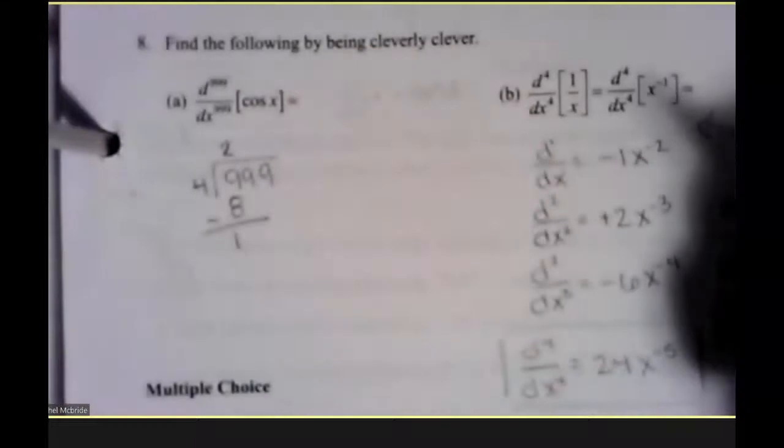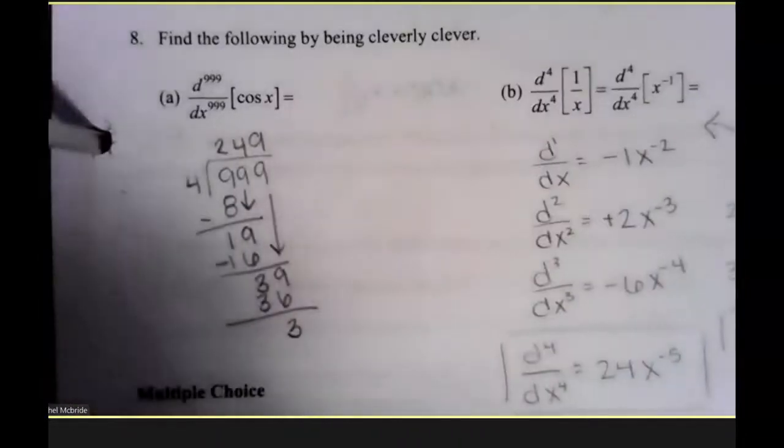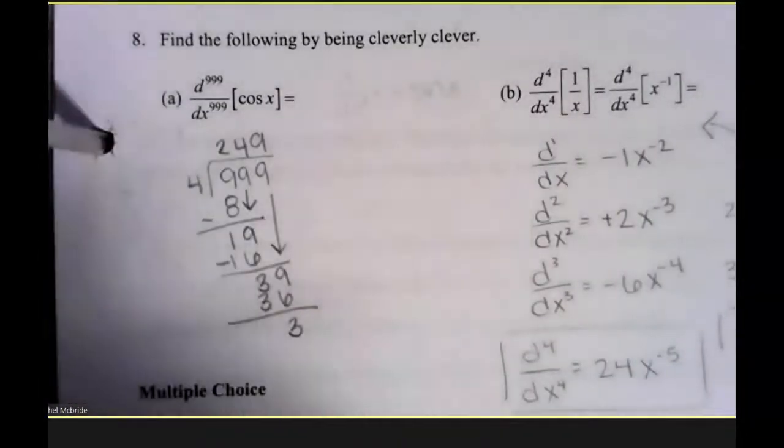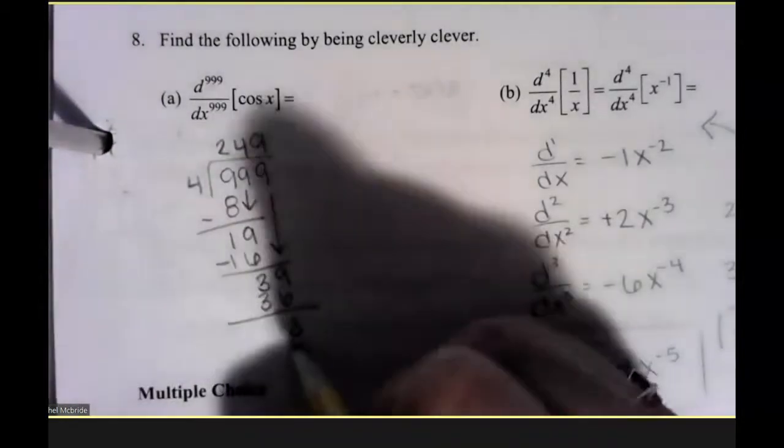Again, if you don't have a calculator, you're just going to do long division. So we get that 4 goes into 99, 24 times, with a remainder of 3.